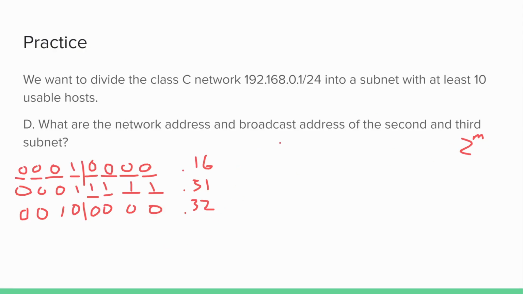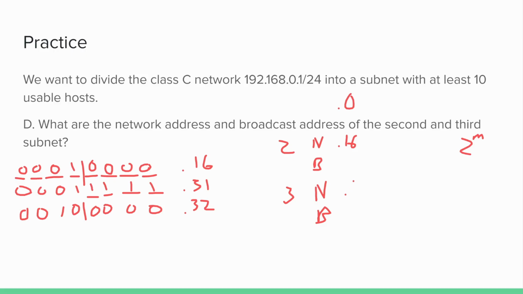So let me go. Subnet 2, network, broadcast. Then subnet 3, network, broadcast. So here we've already written a few out. So .16, we've already written out this network address of the second subnet. We know it's .16, but we could also just have added 16 to the network address of the last subnet, which we knew was 0, right?